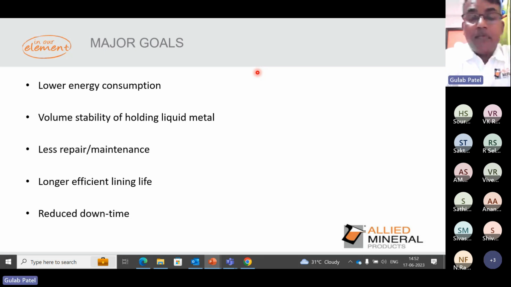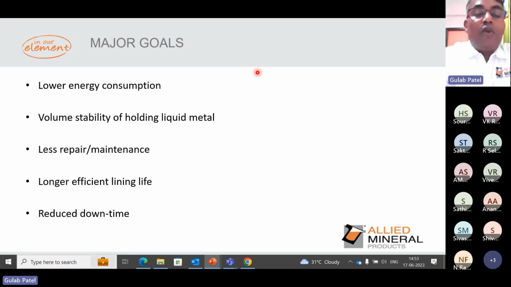Like it has been designed for 1 ton, but after a certain period it is reduced to 750 kg or 700 kg. It drastically reduces if we are not putting our best effort into finding the right refractory product which comes into contact with the molten metal. If the capacity is reduced, you design for 1 ton but operate at 700 kg capacity, and the energy is almost the same. So basically, you are losing your energy.